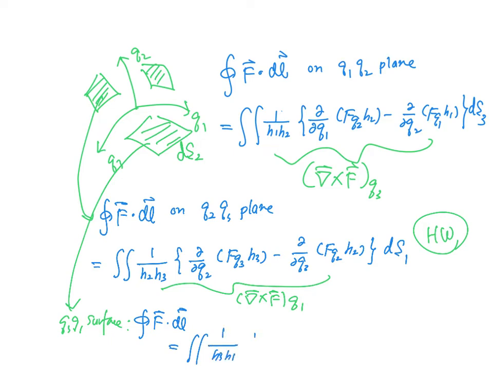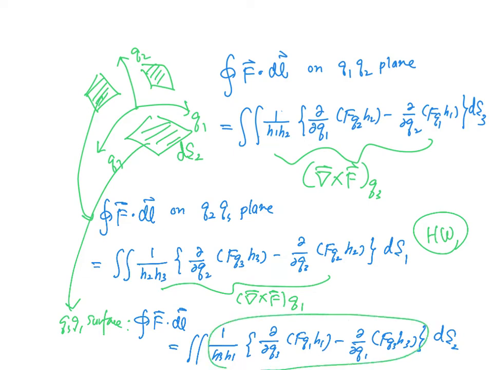H3, H1, partial Q3, partial FQ1, H1 minus partial Q1, partial FQ3 H3, TS2, and of course this will be curl FQ2 component. So this is also homework.